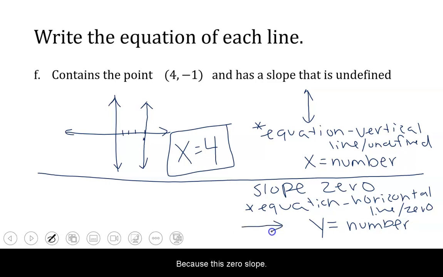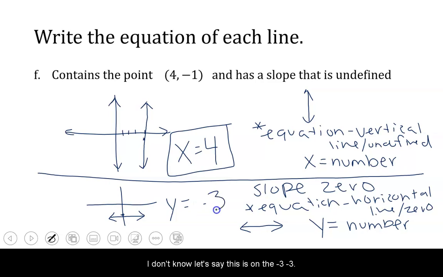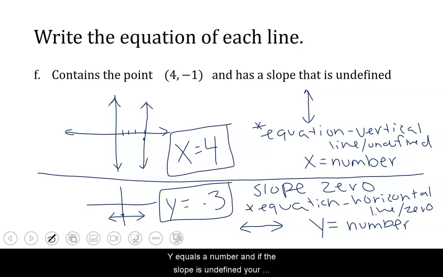Because this 0 slope is a horizontal line. So if we have this, here's our line, the equation would be y equals, let's say this is on the -3. So that would be the equation for a slope that is 0. y equals a number. And if the slope is undefined, your equation would look like x equals a number.